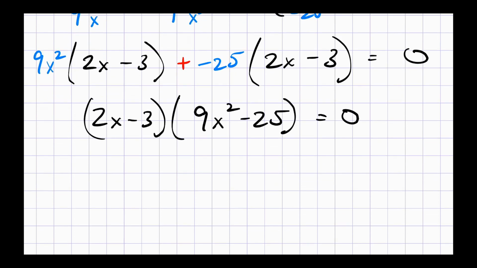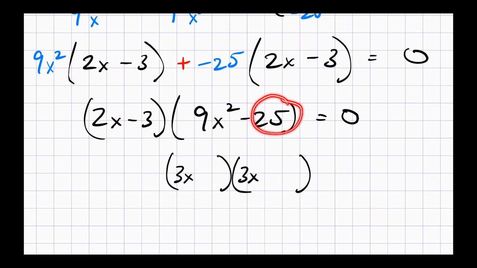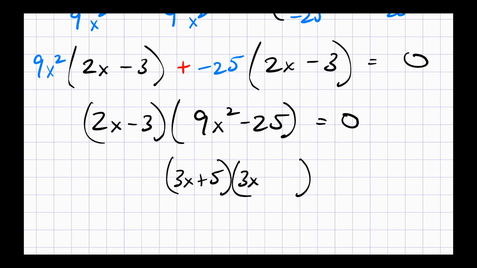Good. Any of those difference of squares? Yeah, the second one is 9x squared minus 25. That one's difference of squares. So what's the square root of 9x squared? 3x. So it needs a 3x here, and I need a 3x here. What's the square root of 25? Plus 5, minus 5.